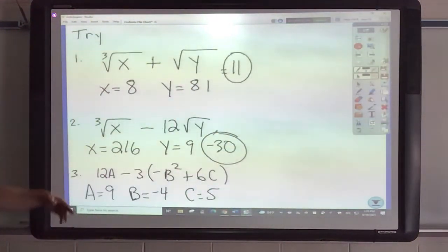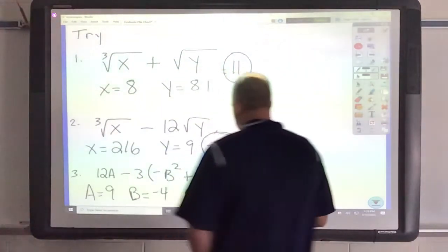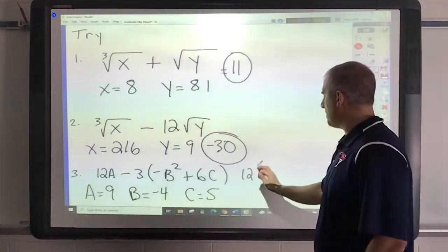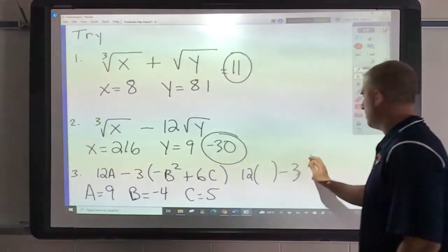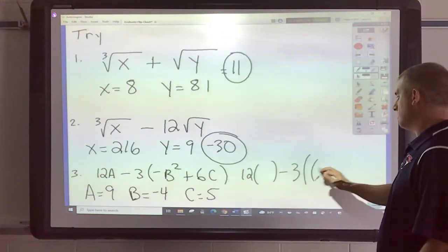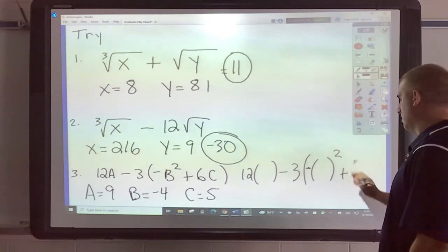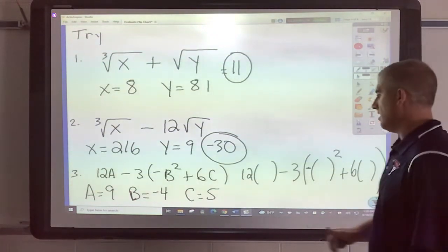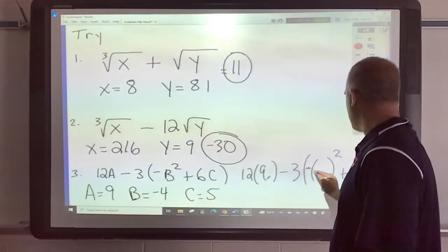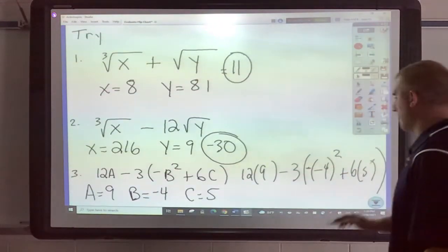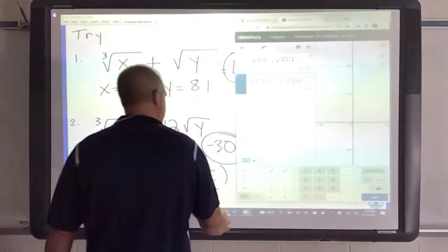So this one, if you need to write it out, sometimes it might be easier just to write out what you're replacing. So this is what this would look like. Then 9's going in there, negative 4's going in there, and 5's going in there. Sometimes writing it out depends. Do you have to write it out?